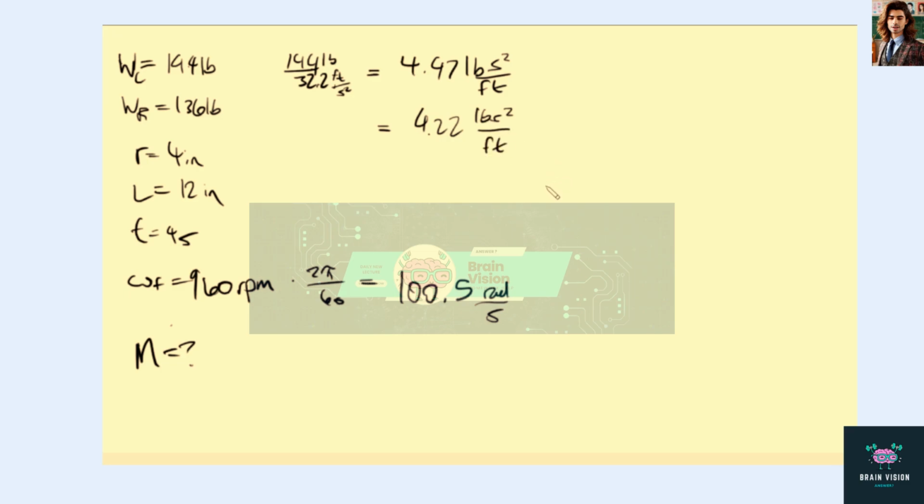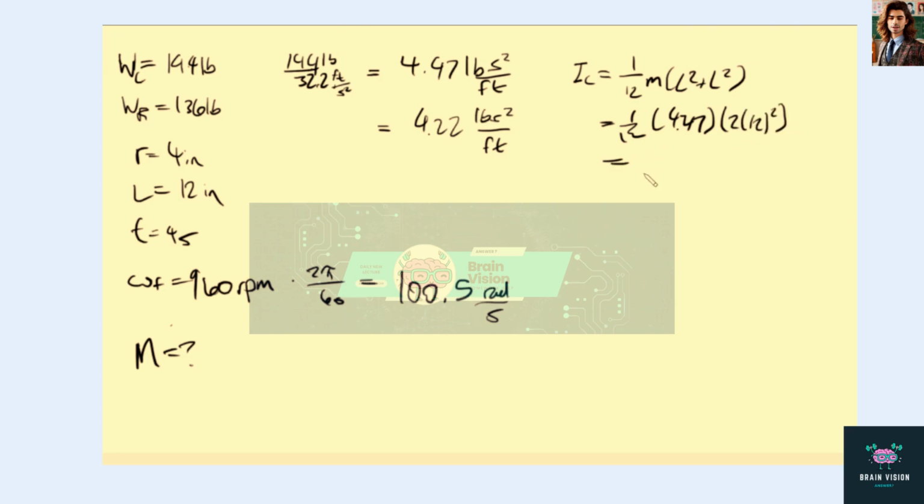Now we have to find the moments of inertia of the cube and of the rod. So the IC is going to be 1/12 m of the cube times L squared plus L squared. That's 1/12 times 4.47 times 2 times 12 squared.